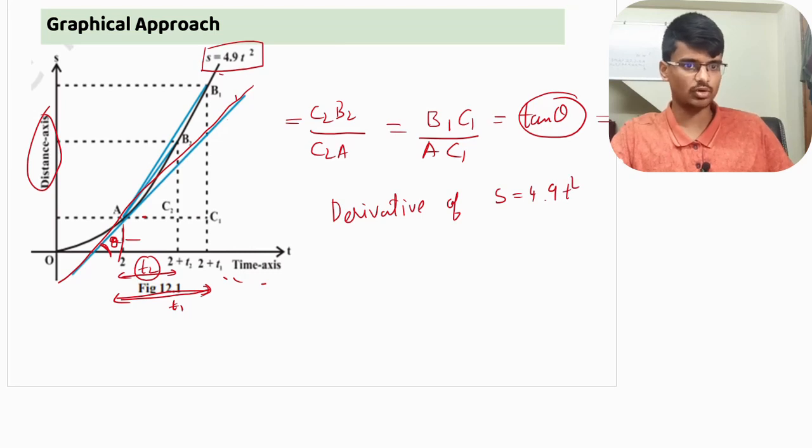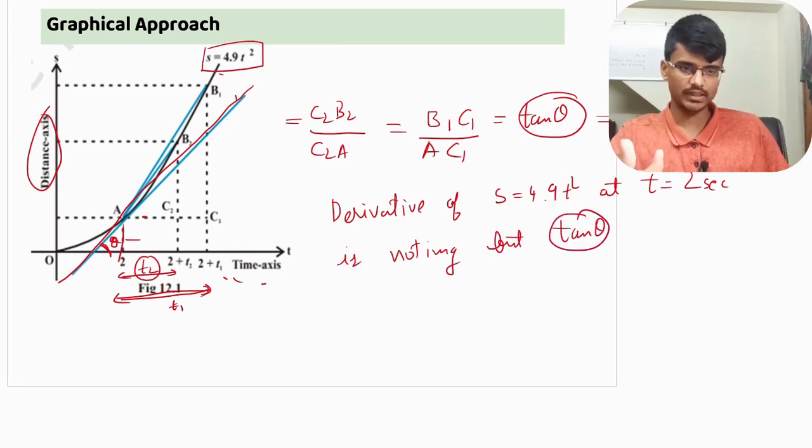The derivative of s equal to 4.9 t square at t equal to 2 seconds is nothing but tan theta.